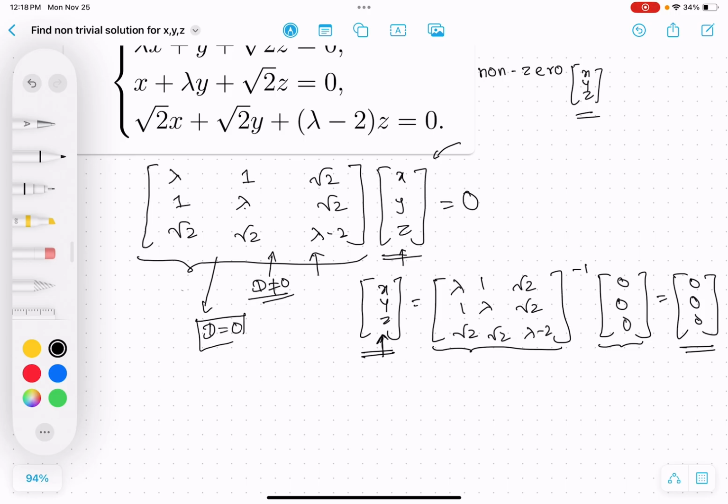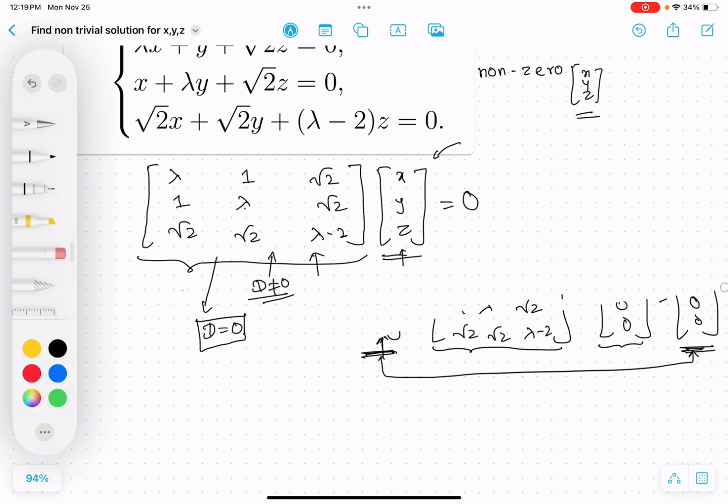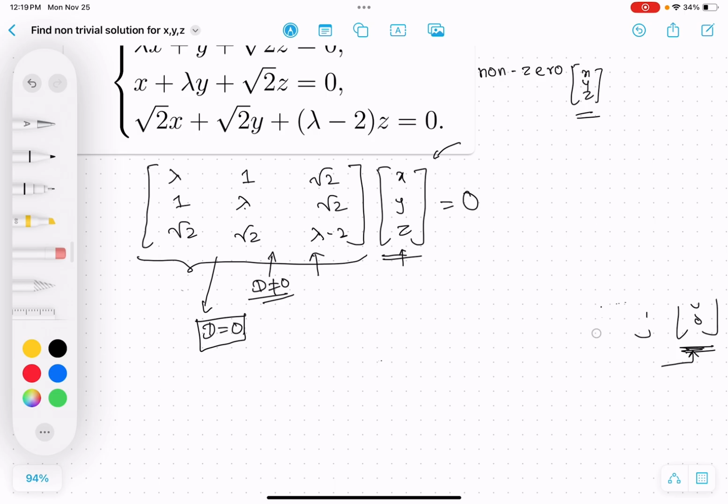There's no possibility that these two will be equal without the determinant being 0, because if the determinant is not 0, we get the contradiction that a non-zero vector equals the 0 vector. If the determinant is 0, then we cannot take the inverse, and we won't have that contradiction. So did that convince you? If not, let me try another argument as well. I think that should, but still, I have another argument too.